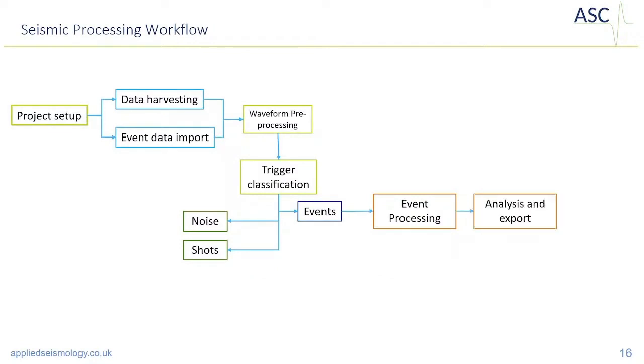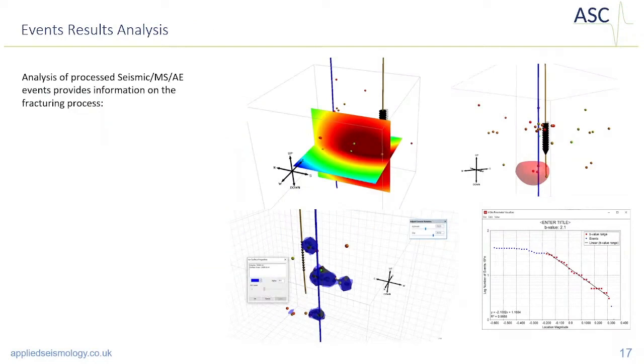After this, the next step will be the analysis and export of results, either as an event catalog or as waveforms. InSite incorporates many analysis tools. For example, shown here is the analysis of the stimulated volume, the volume defined by the active area, by the distribution of our events.